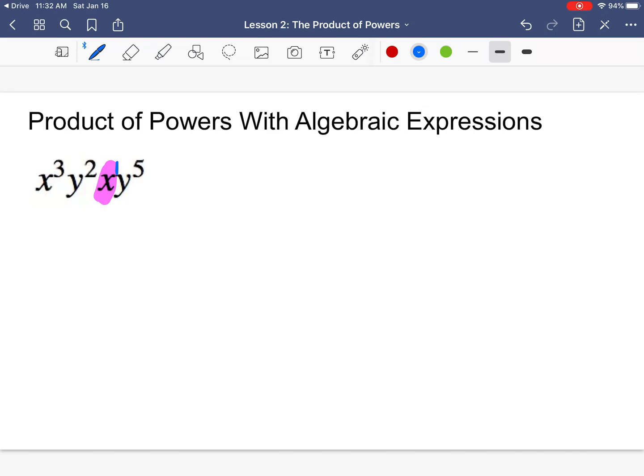And we can write an equivalent expression for this of x cubed times x to the power of 1, I'm going to explicitly state to the power of 1, times y to the power of 2 times y to the power of 5. And we can write an equivalent expression for that. The x and the y, x to the power of 3 plus 1 is 4, and y to the power of 2 plus 5 is 7.